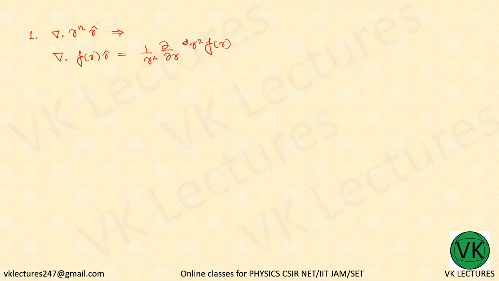Substitute, here f of r is r power n. So this becomes 1 by r square dou by dou r of r square into r power n.